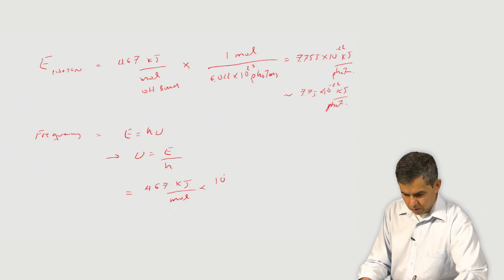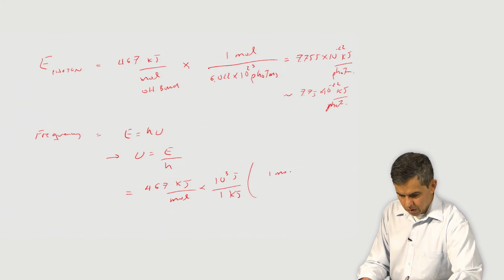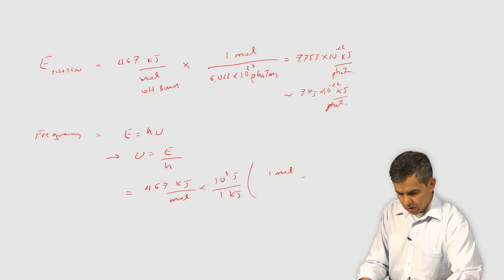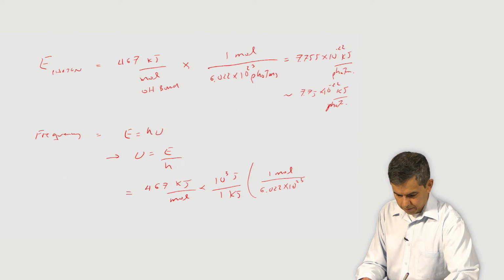We have 10 to the third joules per kilojoule, and then we are going to take 1 mole equivalent to 6.022 times 10 to the 23 molecules.